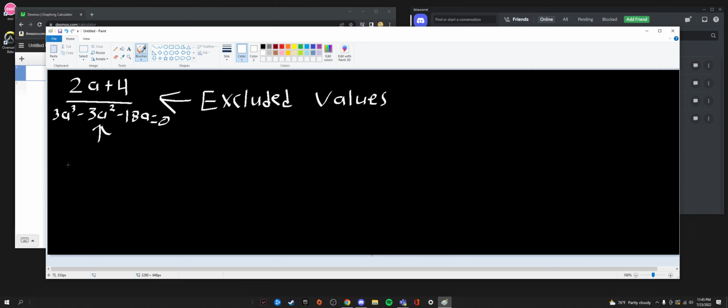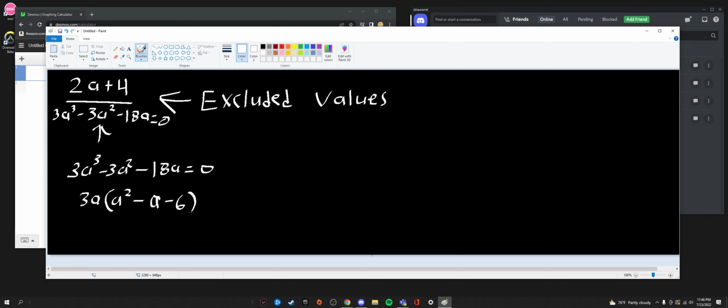And in order to solve a cubic like this, we can just factor out a common factor. In this case, I'll be choosing 3a. In order to factor that out, we would have 3a and then parentheses a squared, because 3a times a squared will get you 3a cubed, and then minus, not 3a, just minus a, and then minus 6.